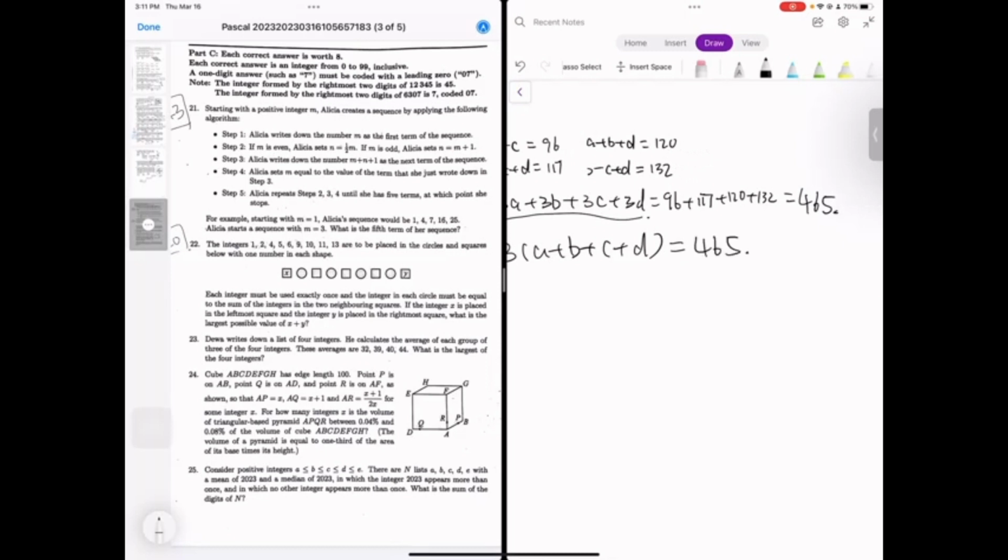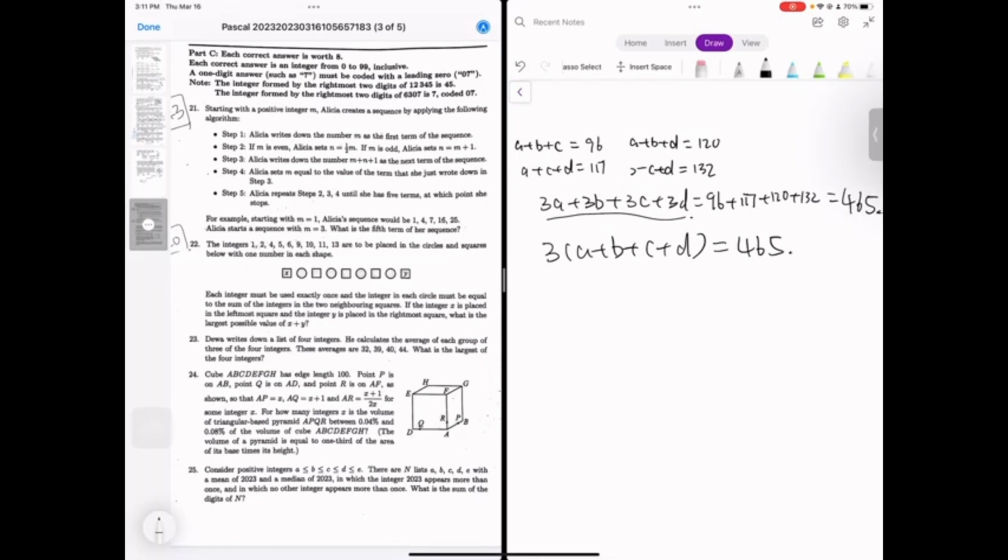And then in order to get the sum of a plus b plus c plus d, we divide 465 by 3, and that should be 155. Then we need to find out the largest number among them.